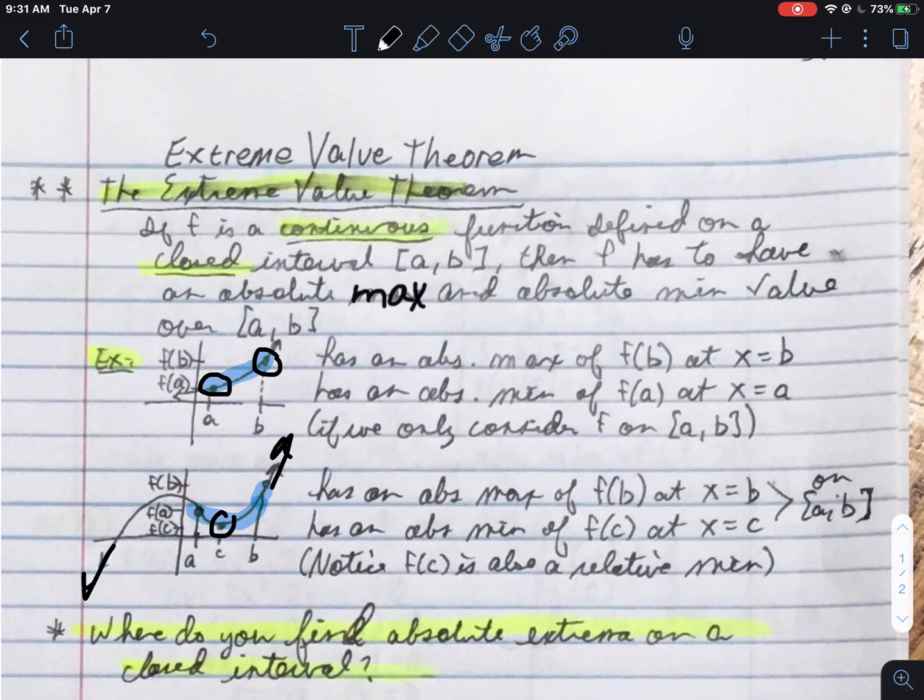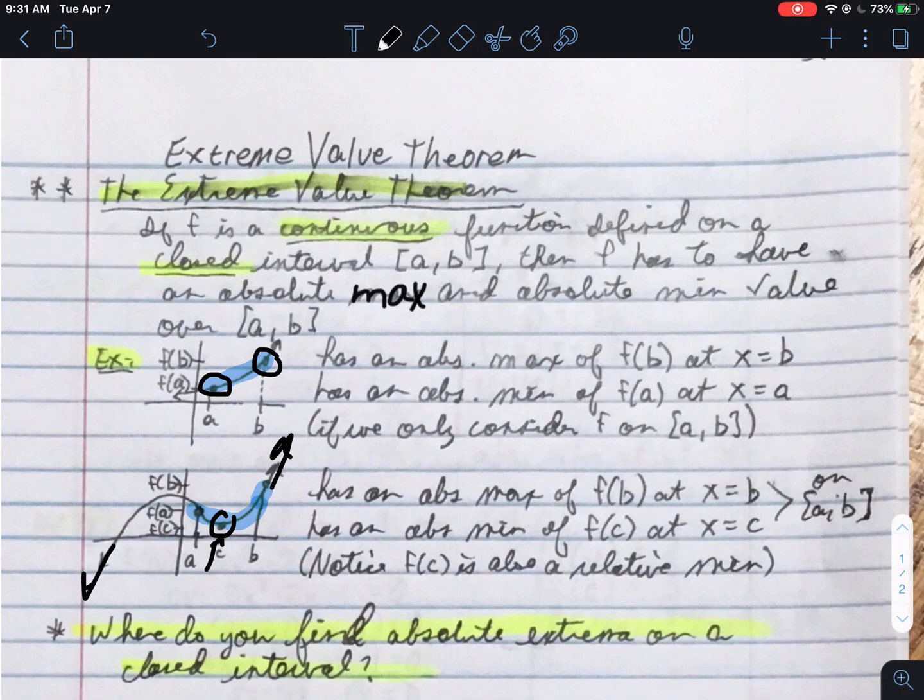Well, over that closed interval, in the two examples that we had, we see that those could occur at the endpoints of the interval, as it did in the first one. It could also occur at one of our critical values. Because when we talk about that point c, f of c, that c value is a critical value for that function. That's where our derivative would be 0.